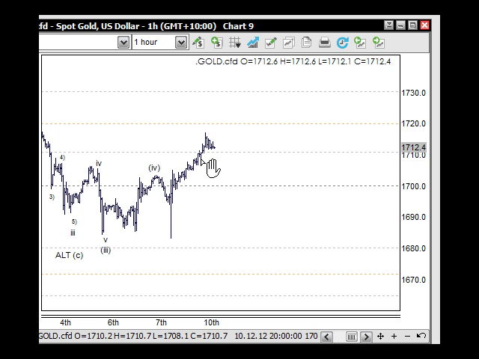You can see that it's moved above here, and there's going to be a larger correction. So if it does move back down through here and then find support back up there again, that means it's tested lower, and then you can move in from that point there as such.